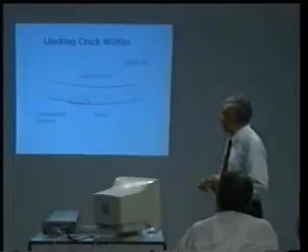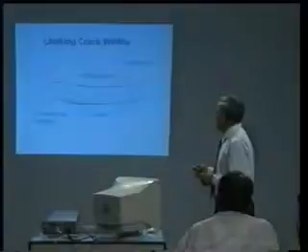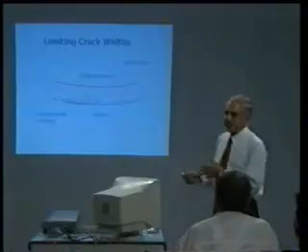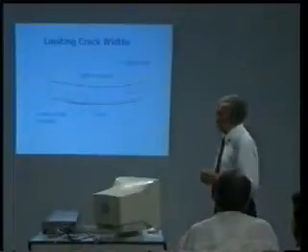Now, when we spoke about limiting the crack widths, cracks are bound to occur because of the inherent nature of RCC, but if the crack is within the cover, it is no problem. But in case the crack extends beyond the cover and goes beyond the reinforcement, this is going to lead to corrosion of reinforcement over there, and that is where the deterioration of the RCC is going to commence.